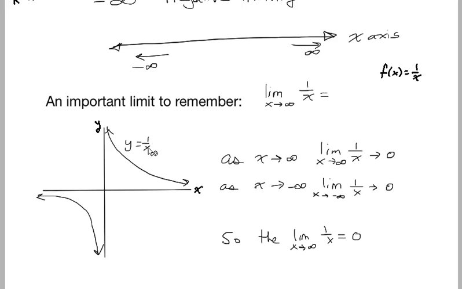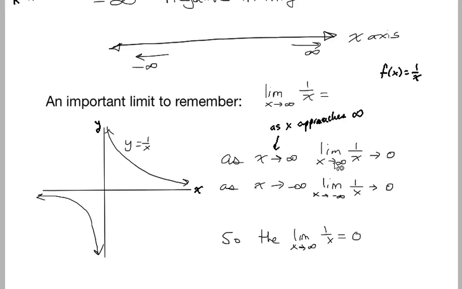And if I were to make a table and plot the points, this is what I would see. Okay, obviously this is not drawn perfectly to scale. If I had 1 here, I would expect to see 1 right there. As x goes to infinity, that means as x approaches infinity.